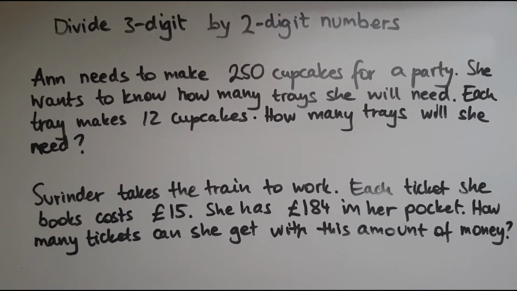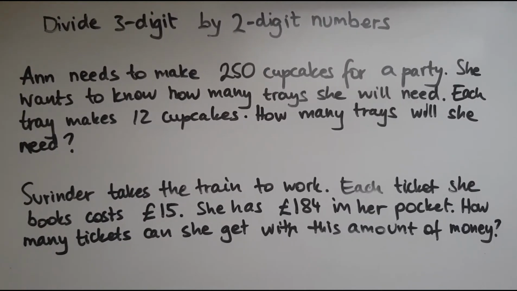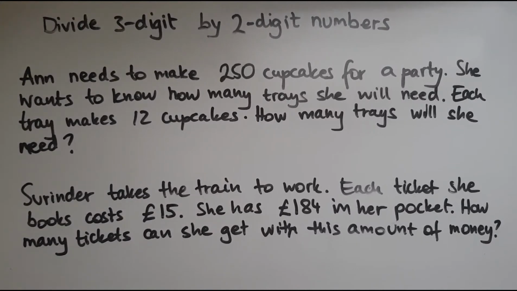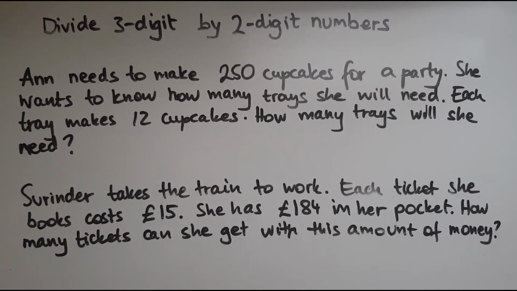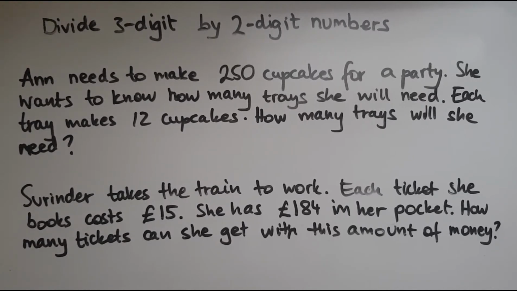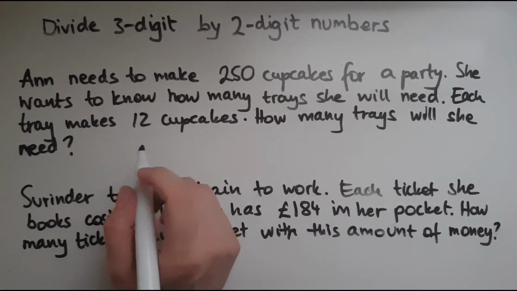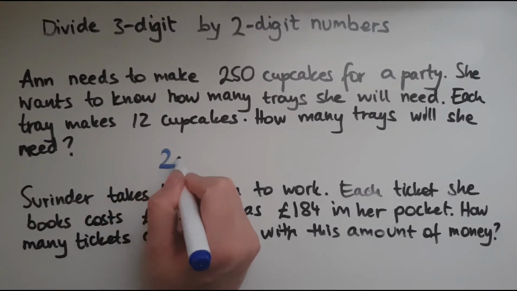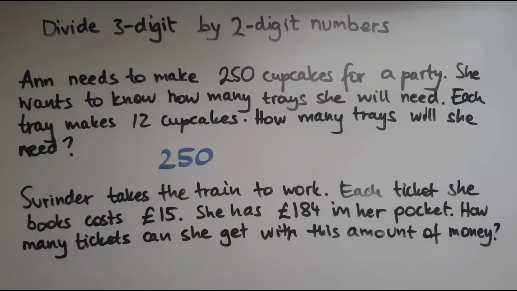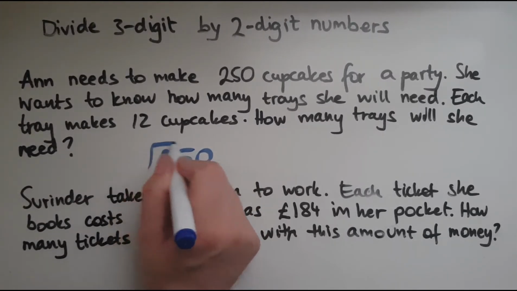Anne needs to make 250 cupcakes for a party. She wants to know how many trays she will need. Each tray makes 12 cupcakes. How many trays will she need? So she needs to make 250 cupcakes in total, and 12 fit in each tray.